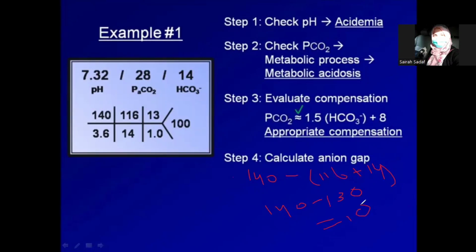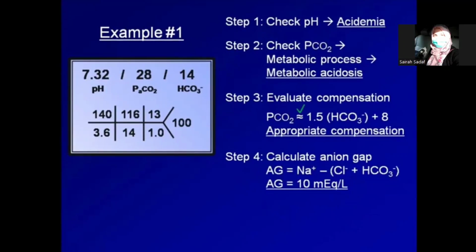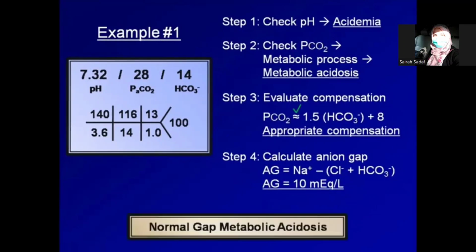Oh, I got 10. So what did you get? You're saying it's normal anion gap. Okay. I don't know, my maths is not that good. So we have, okay, I was right. It's 10. And yes, this is normal. You all are right. Very good. Well done. So this is metabolic acidosis that is appropriately compensated, and the anion gap is normal.